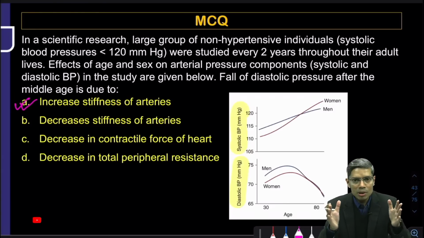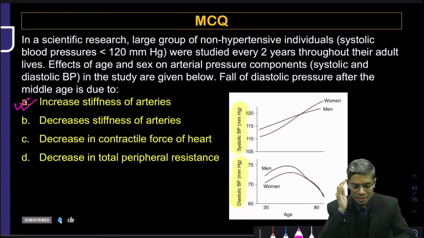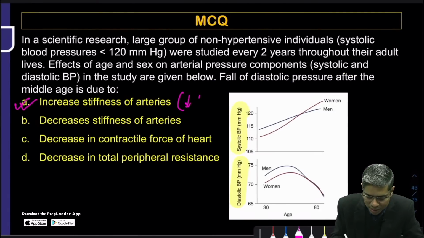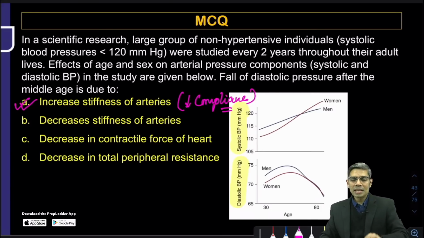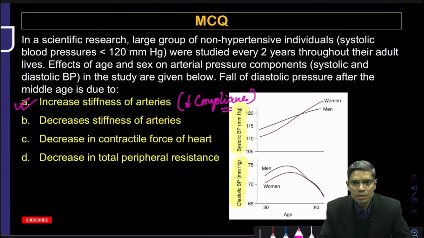Whenever your arterial wall is stiff, your systolic blood pressure will rise up. So increased stiffness of the arterial wall means there is decreased compliance of the arterial wall. So whenever there is decreased compliance or increased stiffness of the artery, systolic blood pressure will rise and diastolic blood pressure will fall, right. So that has been asked in this question. The detailed discussion is not possible in this session, it will be there in the lecture, okay. For now, just keep this much in mind.